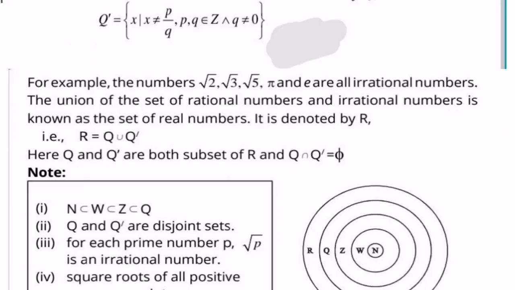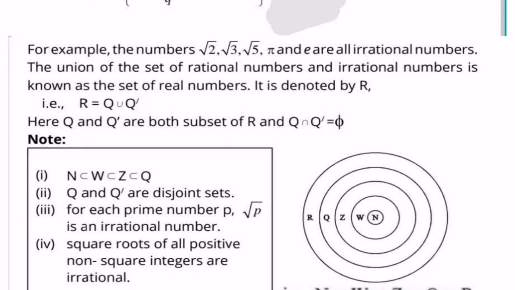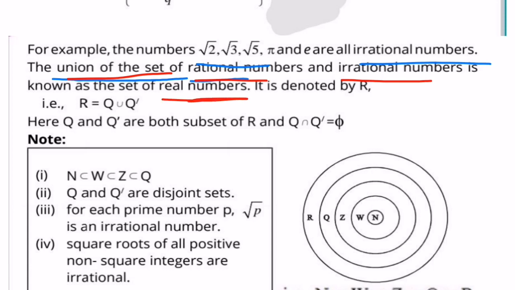Now real numbers. For example, the numbers like this, including pi, are all irrational numbers. Now the union of rational and irrational numbers is known as the set of real numbers.